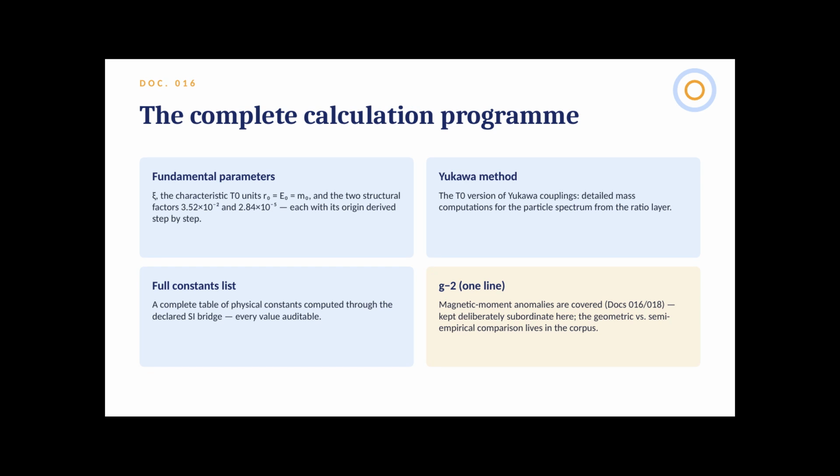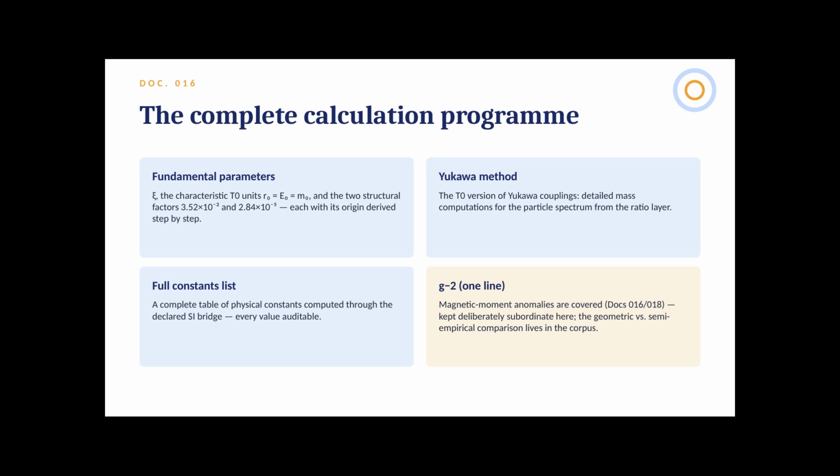Slide 28. This is the full ledger, every value, every derivation. The fundamental parameters, Greek x, the characteristic T0 units, and two structural factors, each with its derivation shown. The Yukawa method, the T0 version of Yukawa couplings, giving detailed mass computations for the whole particle spectrum straight out of the ratio layer.